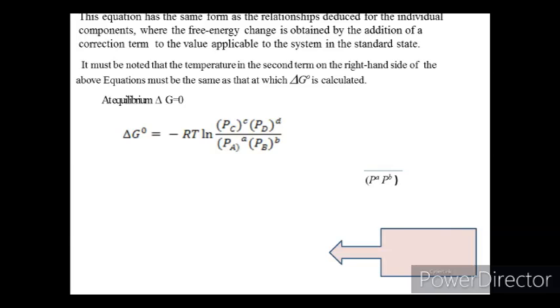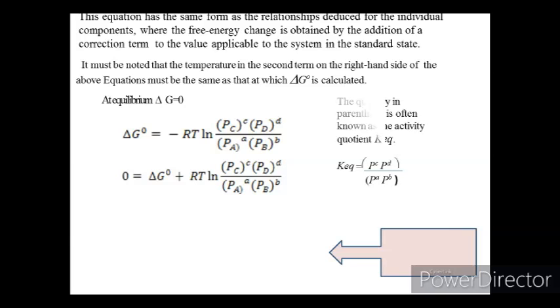At equilibrium, delta G is equal to 0. Therefore delta G0 is equal to minus RT ln K, the remaining part. Substituting this value of delta G0 in the above equation, delta G is equal to delta G0 plus RT ln, that equation I am applying.